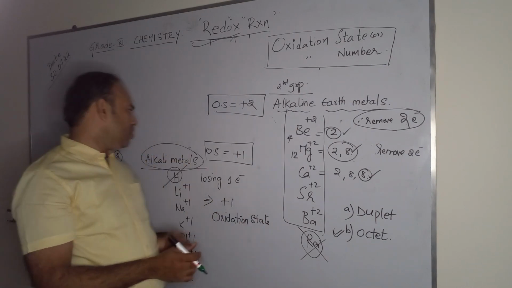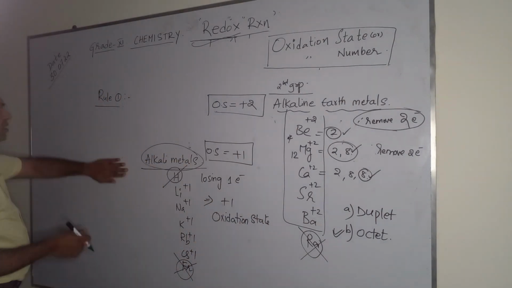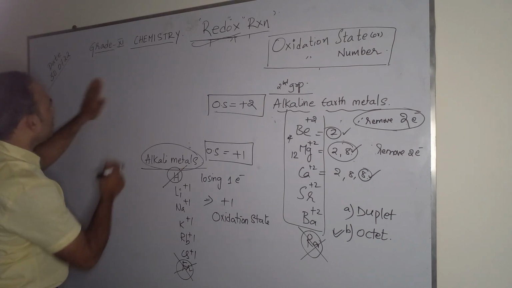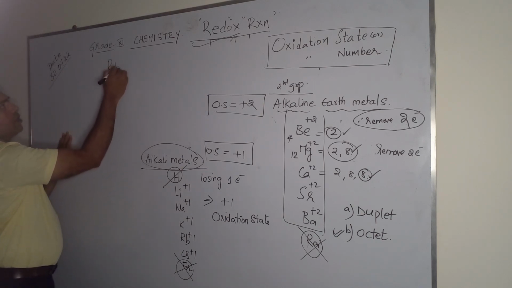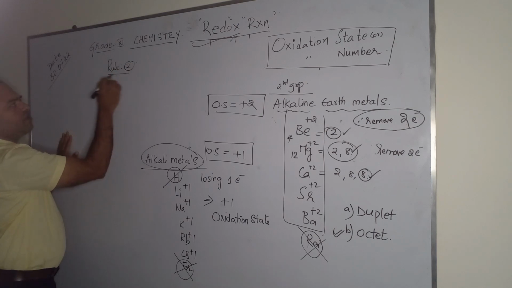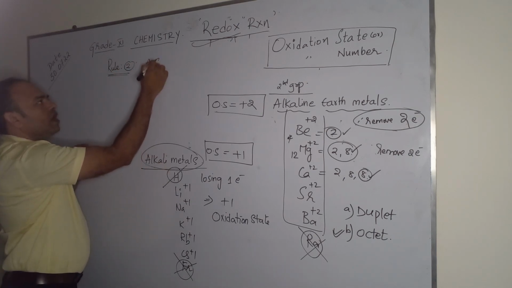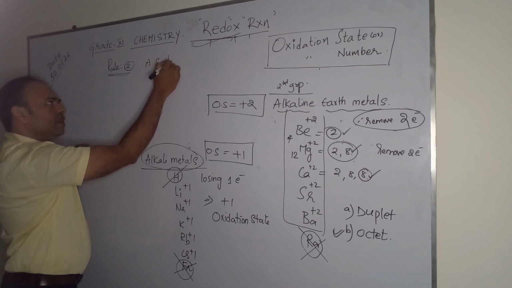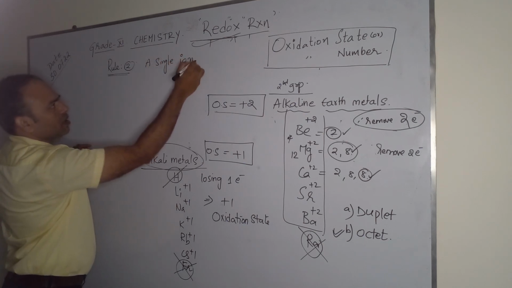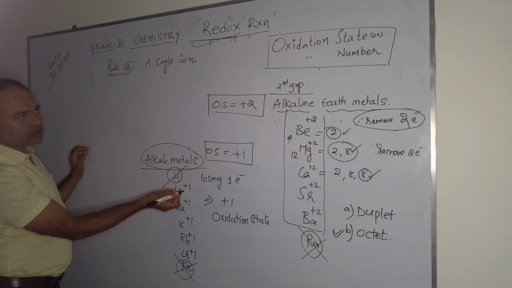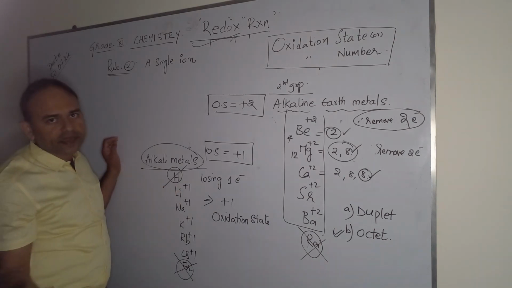But what is the rule? What is the rule? Rule number 2 says, if you have a single atom, in other words I can call it a single ion. It's a single ion, a cation, or you can even have an anion also, with negative charge.